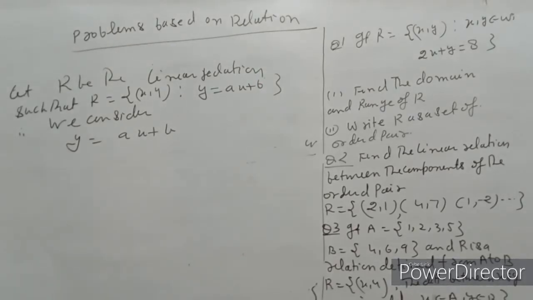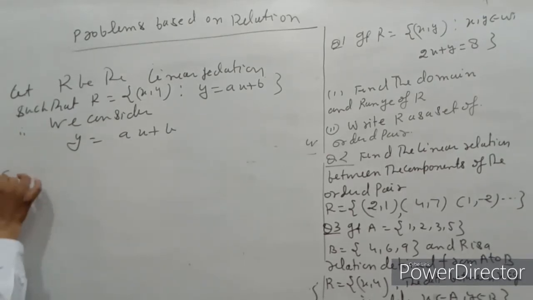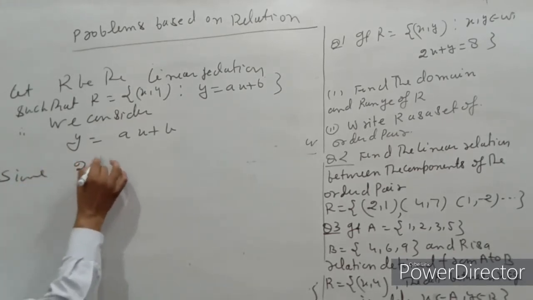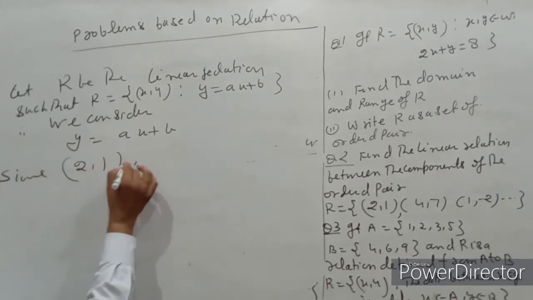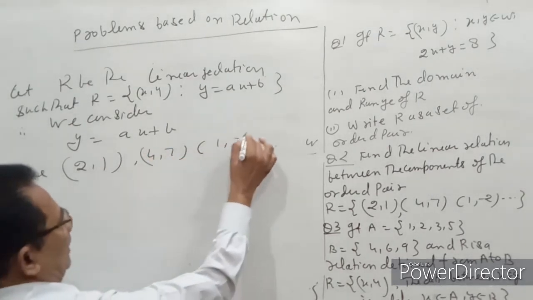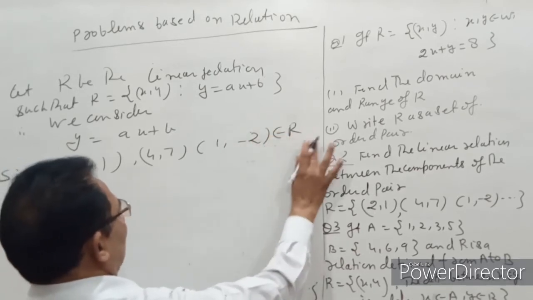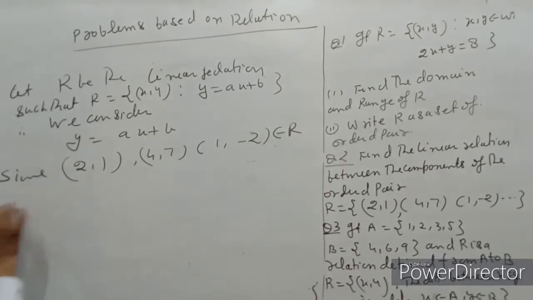So then this is the linear relation. So therefore the ordered pairs (2, 1), (4, 7) and (1, -2) belong to R.